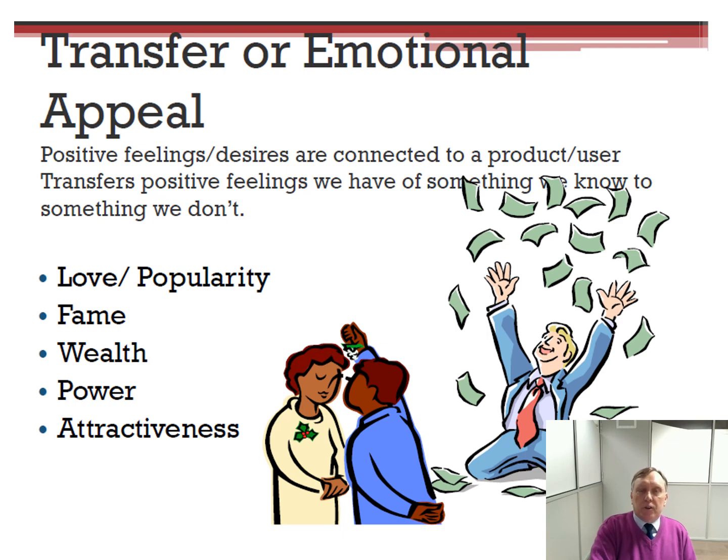Right, the transfer or emotional appeal. So positive feelings or desires are connected to a product or a user. So transfer positive feelings we have of something that we know to something that we don't. Sort of giving, whether love or popularity, fame, wealth, power, attractiveness.